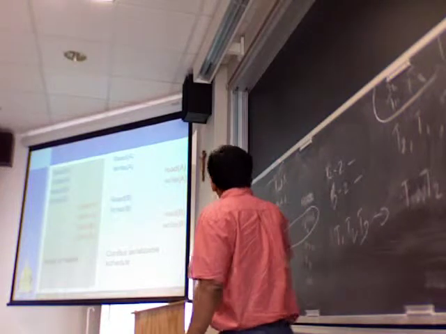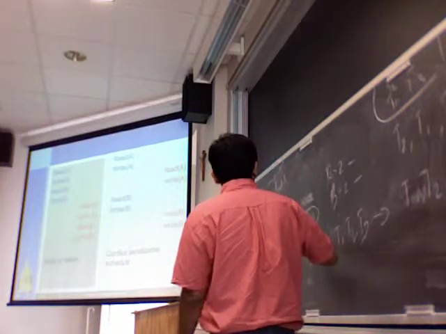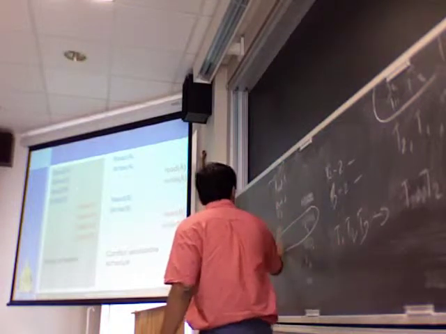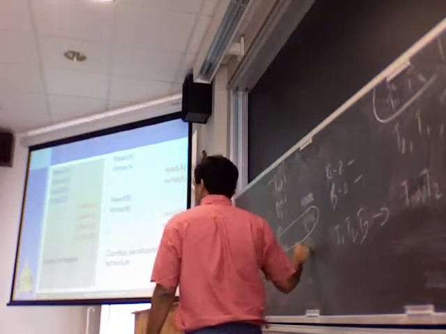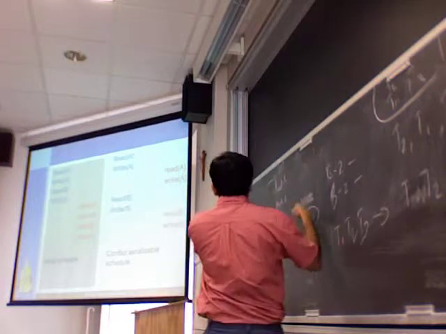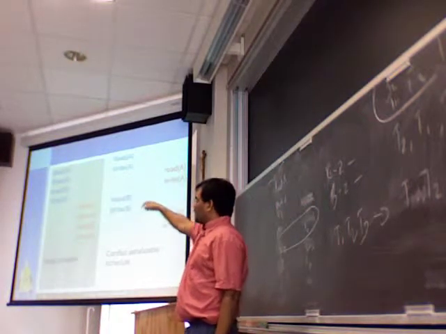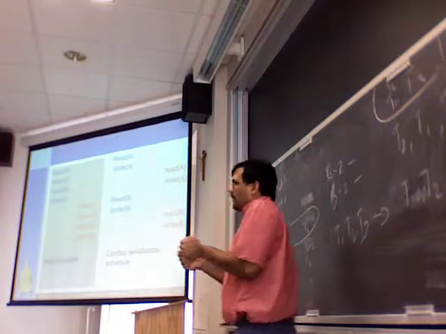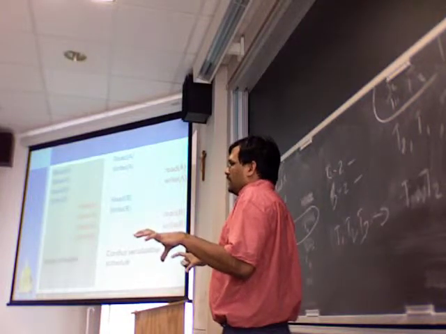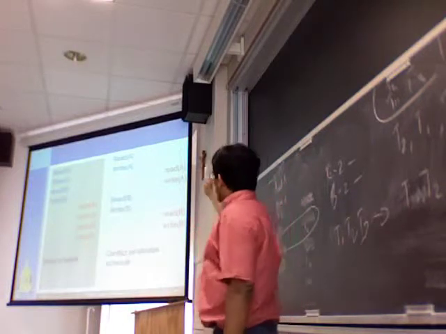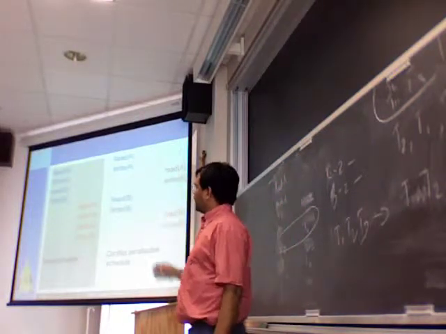You can do the same thing here. Look at this and this: this is operating on A, this is operating on B. So I can move B up here. If you move it like this, eventually you get back to that schedule. So even though they are running in parallel, since they're operating on different variables, I can move this stuff around and go from here to there.